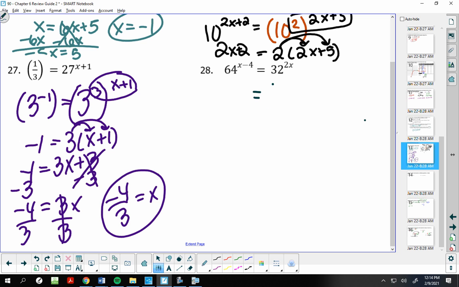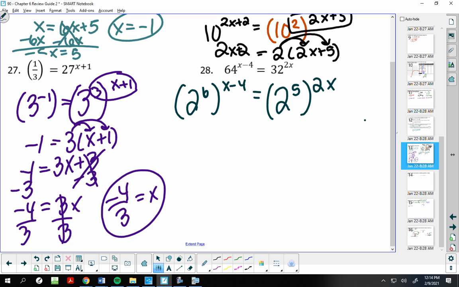32 can be rewritten as 2 to the 5th power. So that means if I take 32 and multiply it by 2, that's going to give me 64, which means 64 is 2 to the 6th power. So power to a power, we're going to multiply. And when you multiply, you have to make sure that you distribute.